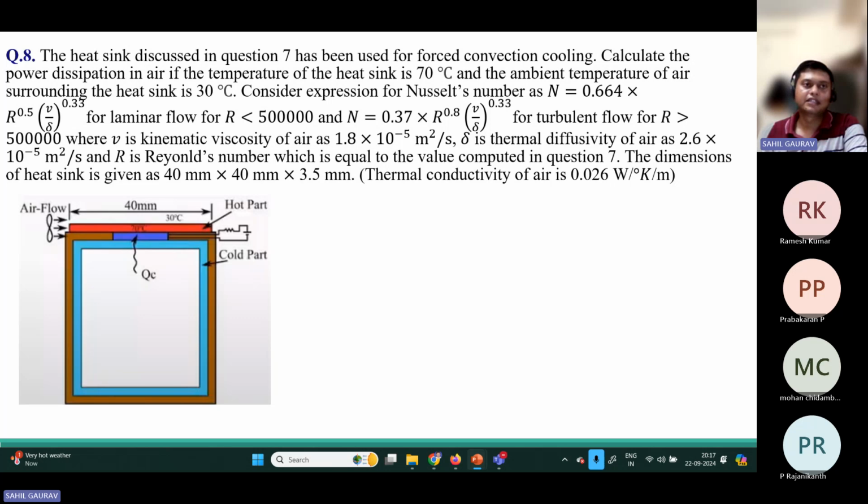So in this question, what are they asking? They are asking about the power dissipation in air. The power dissipation happens from the top side and also from the side section. So what are the things given here?